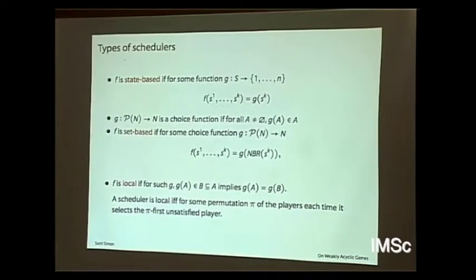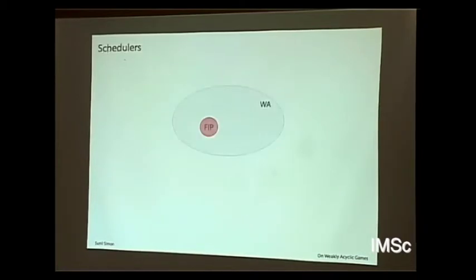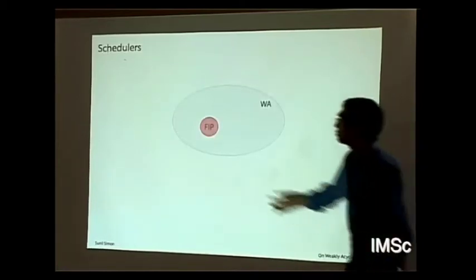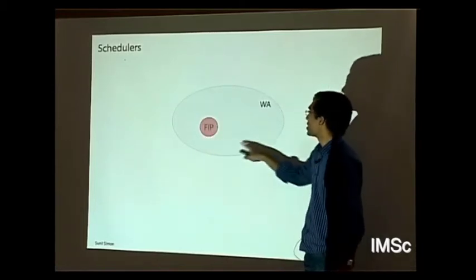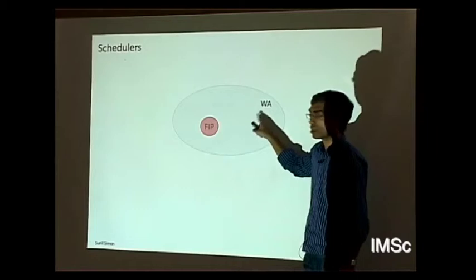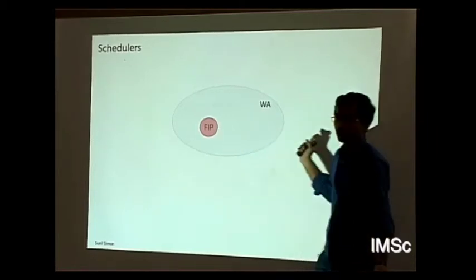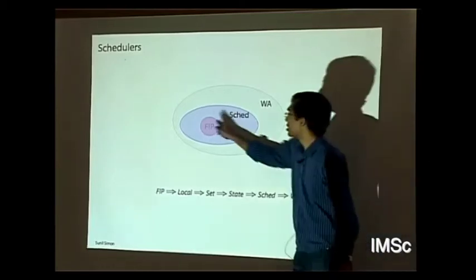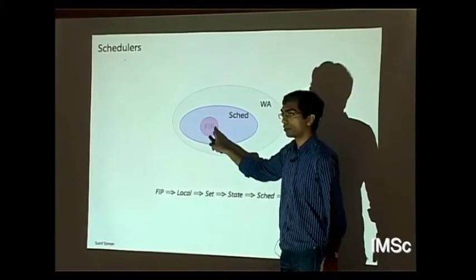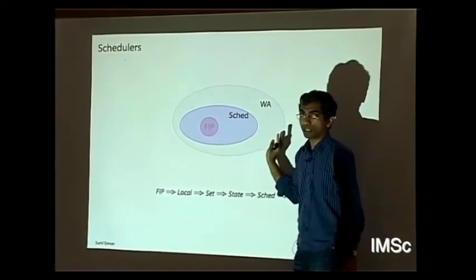Okay, and as you said, how does this picture look like? You have potential games sitting here, games with FIP. This sits inside weakly acyclic games, and this containment is strict, which is very easy to show. And the class of schedulers contains FIP, and it sits inside weakly acyclic games.